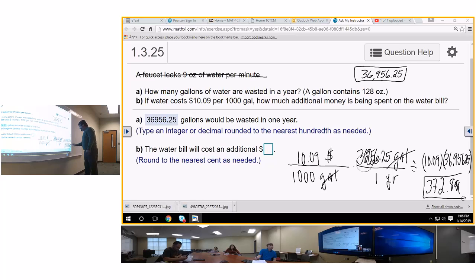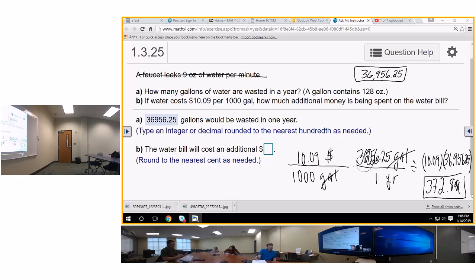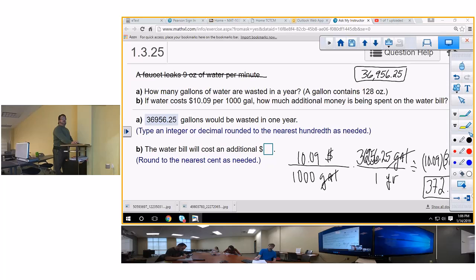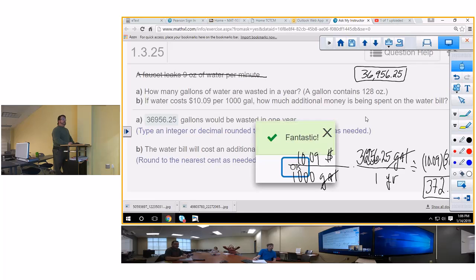If it's 888, then it's going to be 89 because it says round to the nearest cent. Okay? 372.89. That's how much.